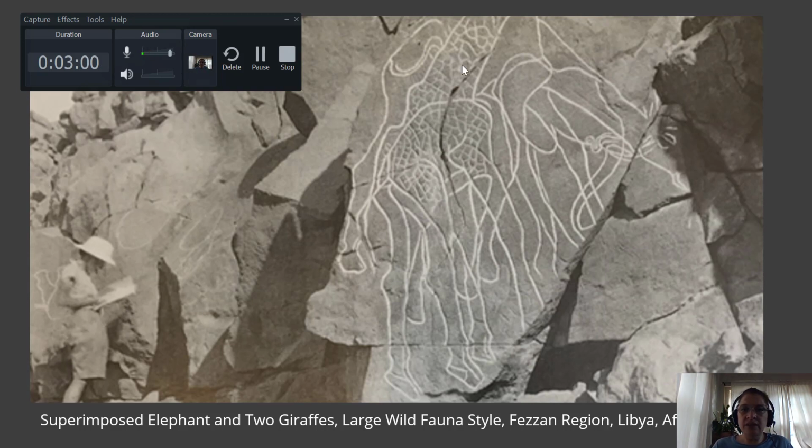So you see that the giraffe is approximately the size of a real giraffe. It's very large. And these were made, incised, or scratched by Paleolithic artists sometime after 8,000 BCE.